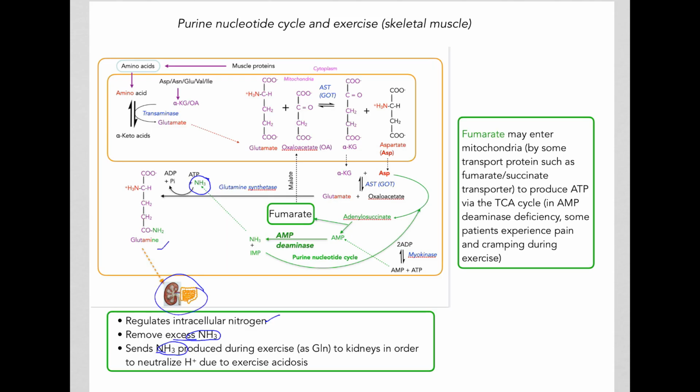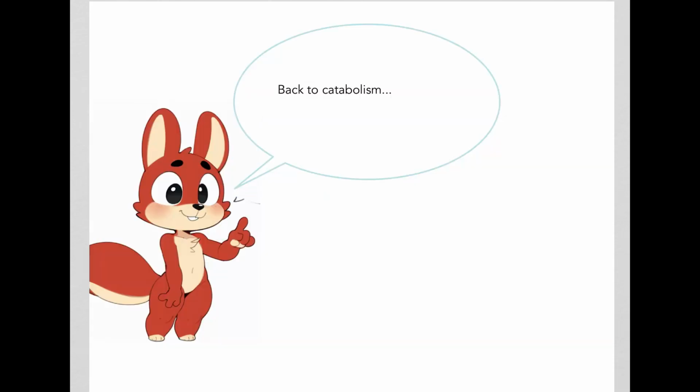And in the kidneys, the ammonia is required to neutralize the excess acid that is produced during exercise. Okay, so the acidosis that happens during exercise, what we call exercise acidosis, the ammonia helps neutralize the protons generated during exercise. Okay, back to catabolism.